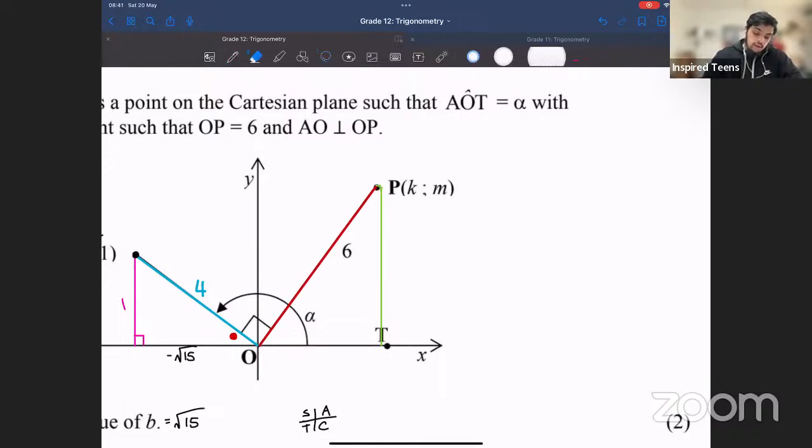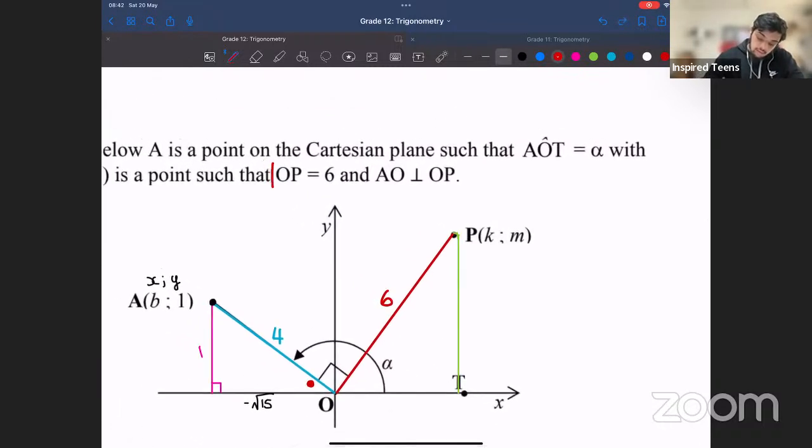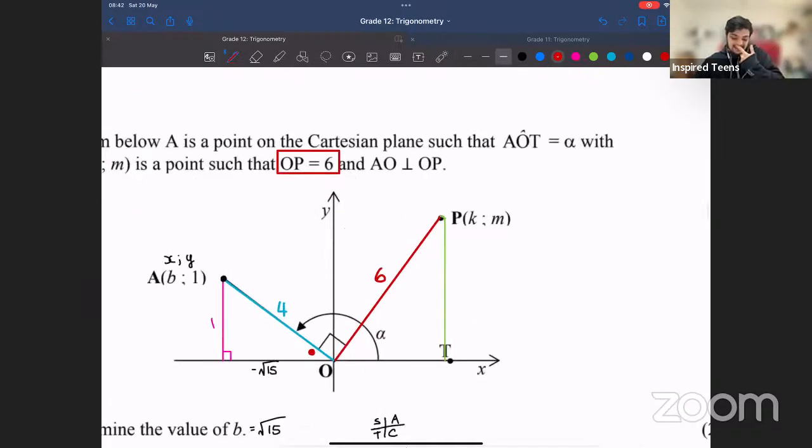Okay, so k and m are in this triangle, and we know the value of the hypotenuse. It's given as 6.